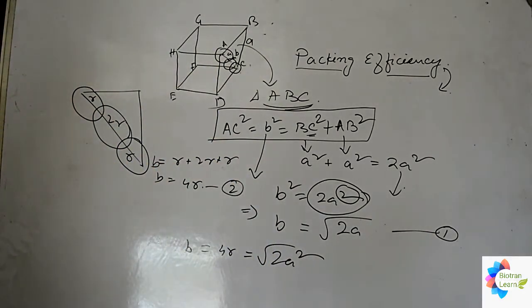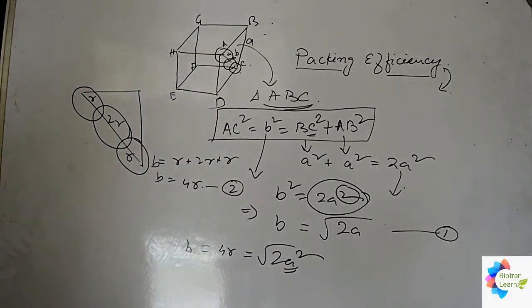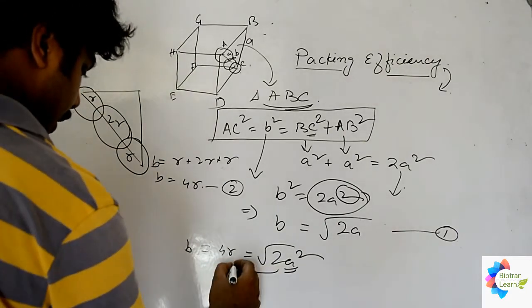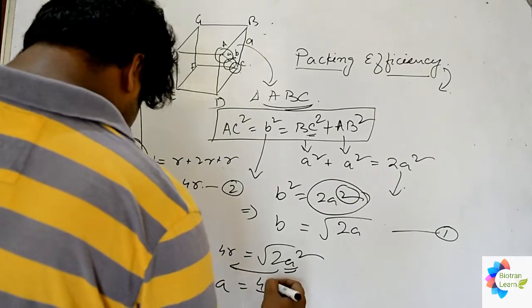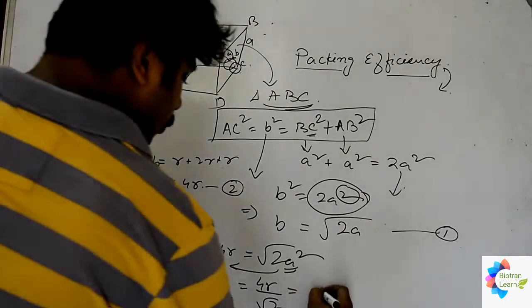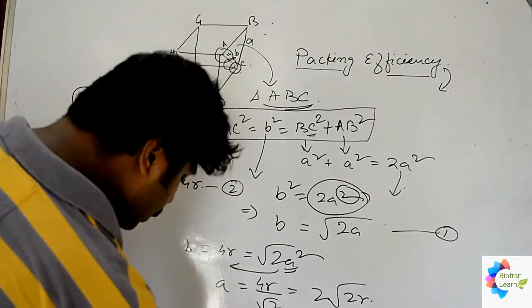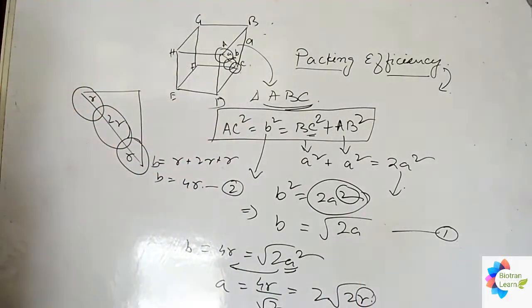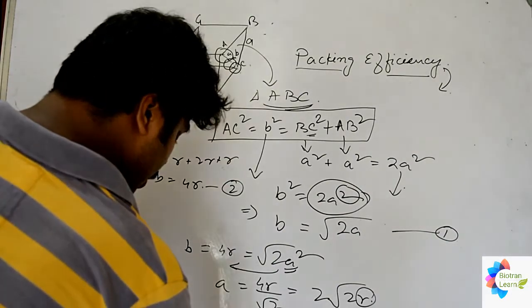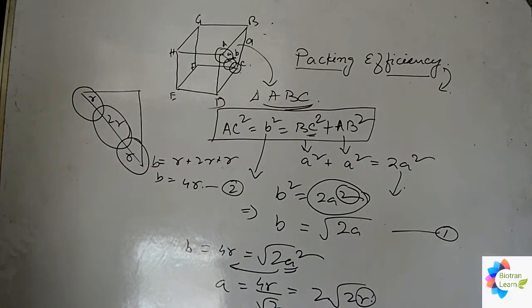So let's calculate this A in this section. Then A will be equal to 4R over root 2, so what we get is 2 root 2 R in this way. Then if someone tells you we have to find the R, we will get R is equal to A by 2 root 2.